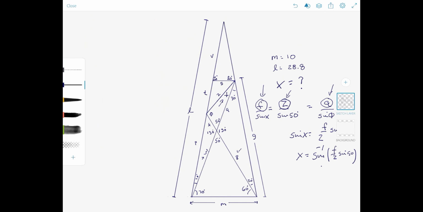You could see side W, side Q, side M, side P, side A, side Z, and F. The ones that are really important are finding F, A, and Z. And you do have to work your way up in order to get those angles.